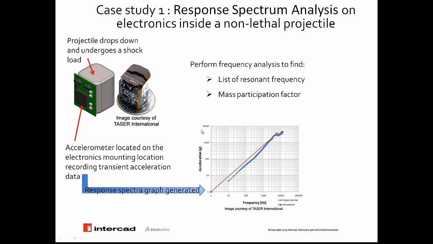Acceleration is described in G and frequency in hertz. So you can see the experimental data is being recorded and transformed. Now in the software, in the first case study, we are going to represent that curve with two linear step lines.